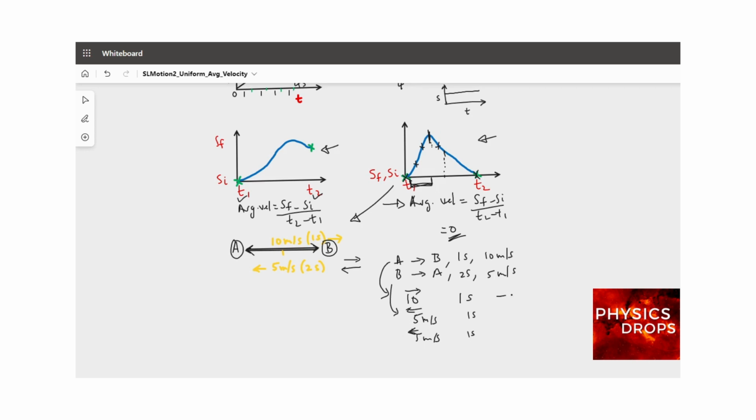So if you consider this as the positive direction, then we have plus 10 for 1 second, then two minus 5s for the second and third seconds. When we add all of this, the net becomes 0. So it's very clear, therefore, that though the object has got various velocities at various points and has not been at rest at all, the average velocity is 0.